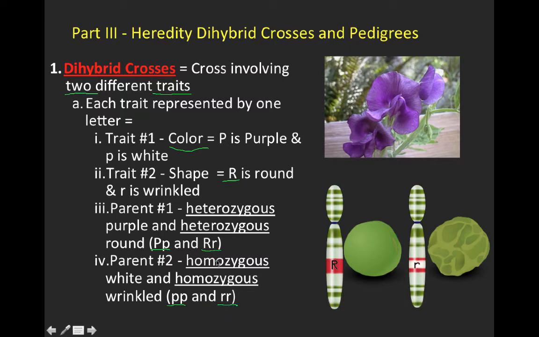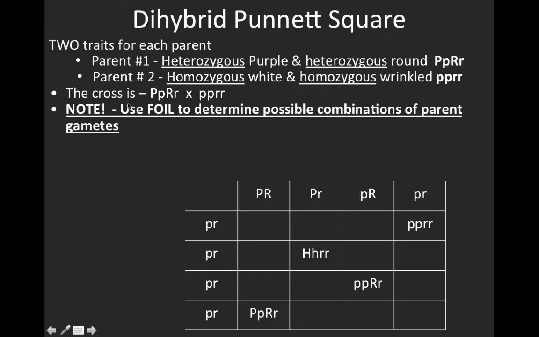So you'll see how we represent this in a Punnett square. So two traits from each parent. Parents that we talked about on the previous slide are listed. The only thing that I need to put down here really is to note that this is the cross. What we do is we combine both traits together.